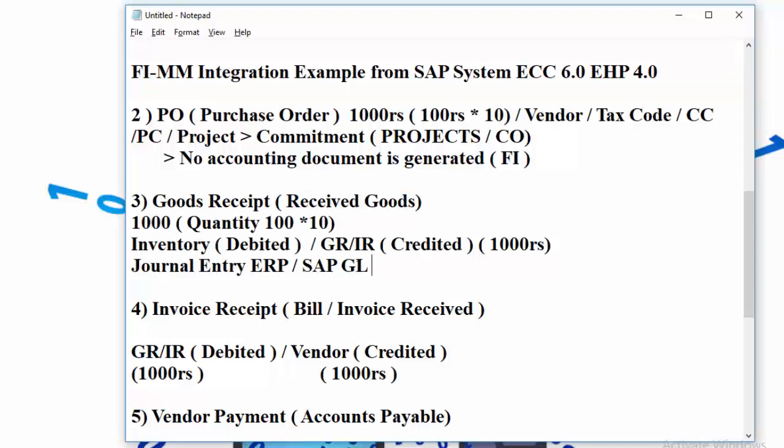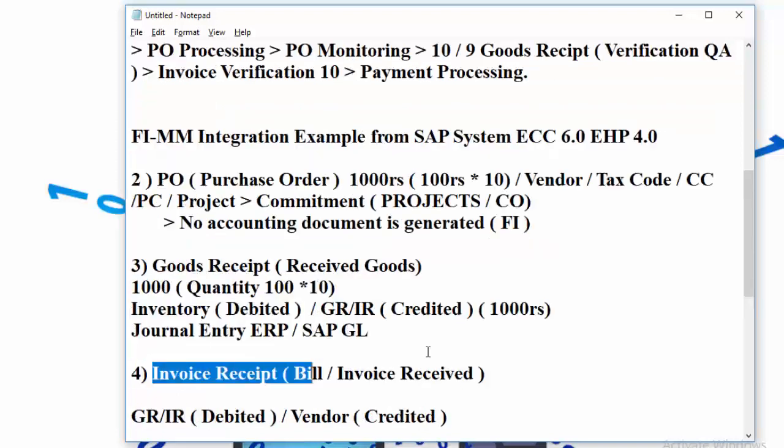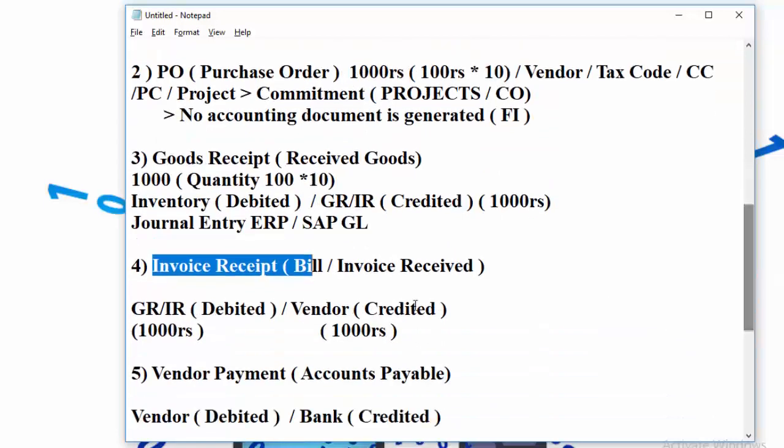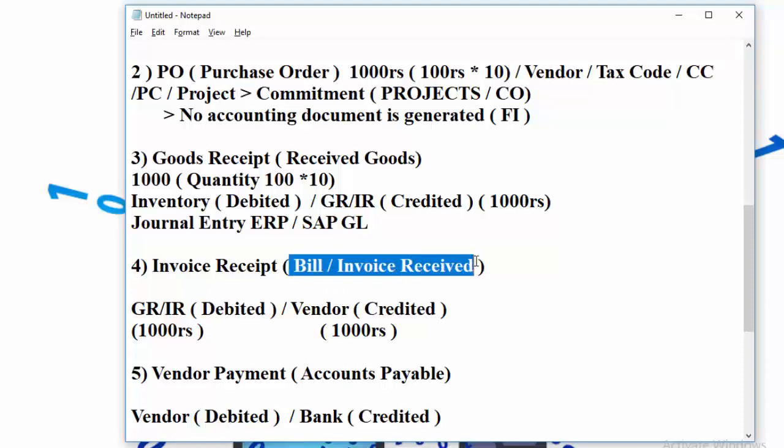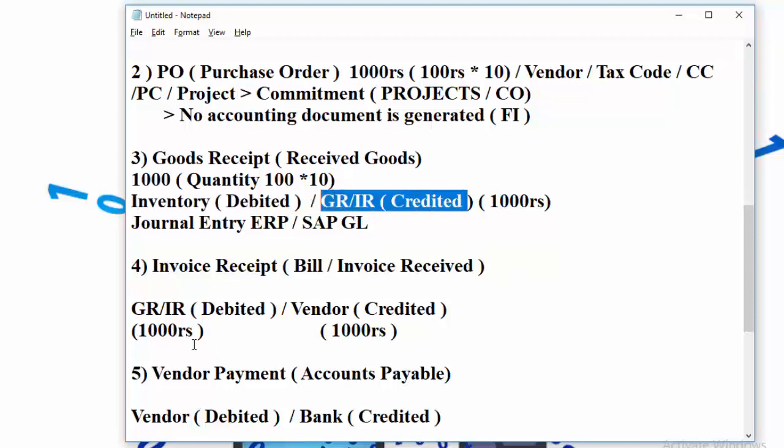And the next step is the invoice receipt. When you have the invoice receipt, your bill will be received. Again, the clearing account which was credited during the previous step will be debited here, and the vendor account, which will be an accounts payable GL account, will be credited here.